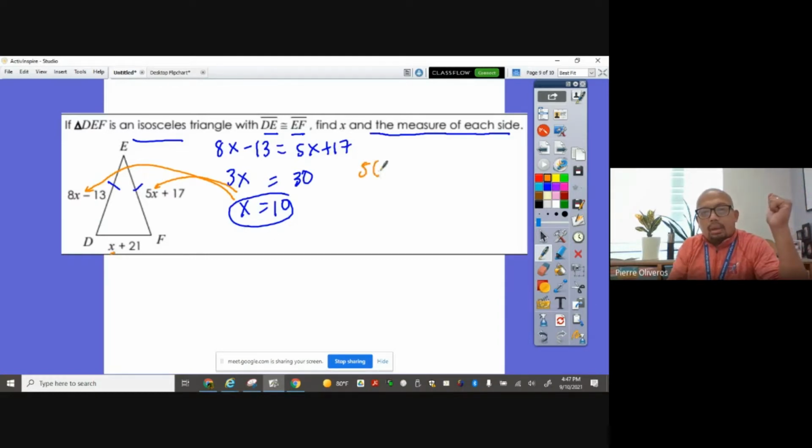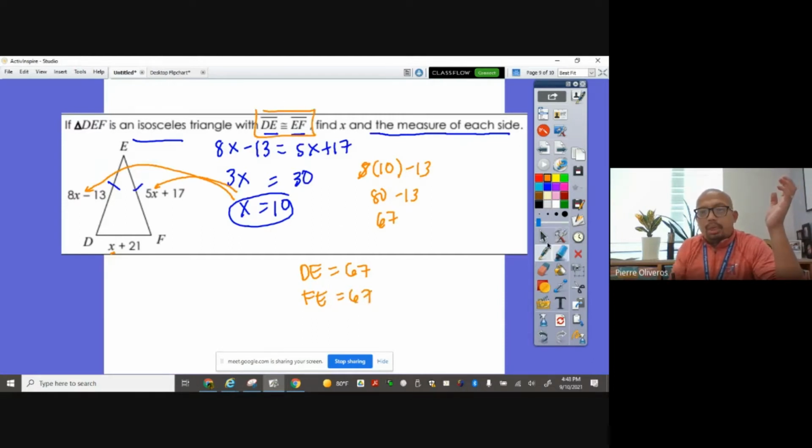8 times 10 minus 13, that will give me 80 minus 13, which gives us 67. If DE will be 67, we know that FE has to be equal to 67 because they are said to be congruent.